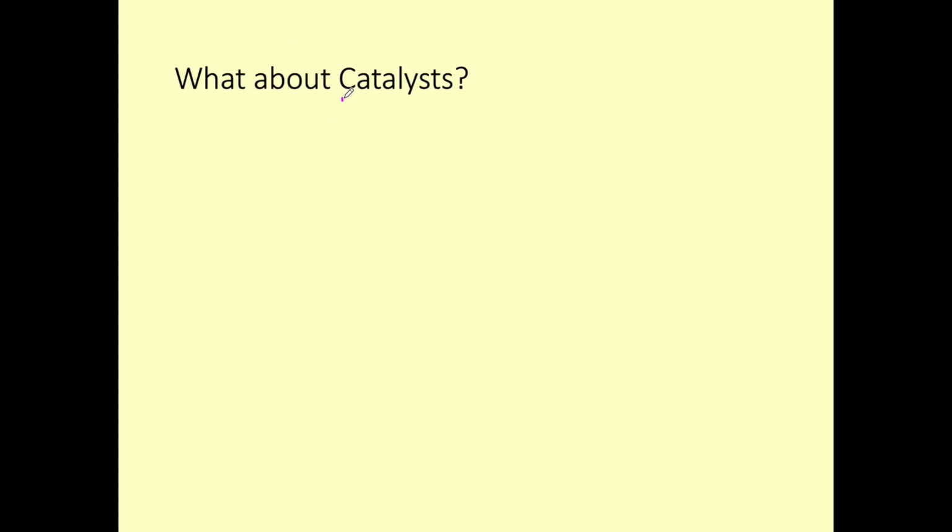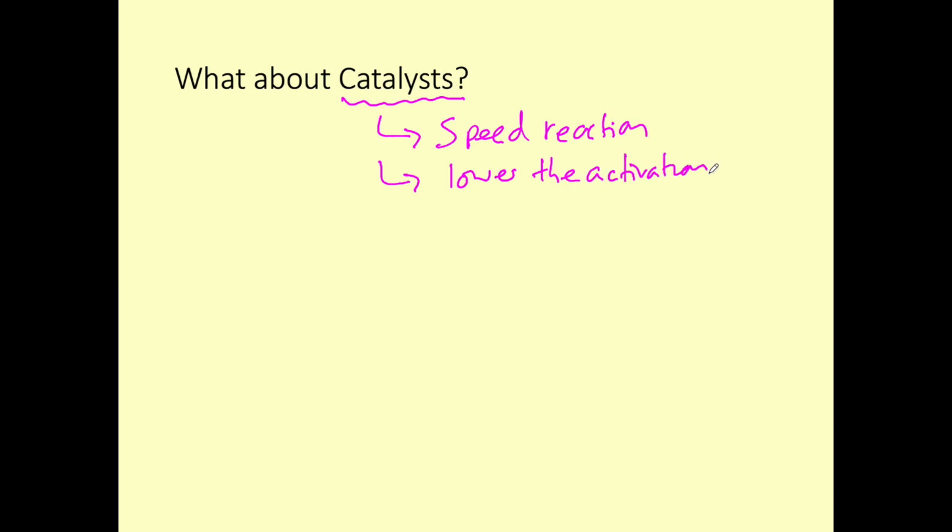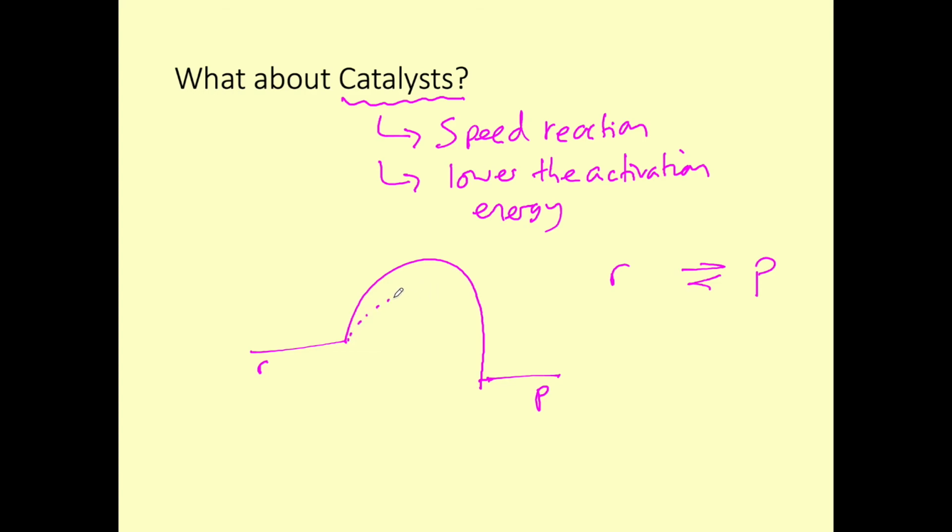Okay, so if we think back a couple of lessons to what catalysts do, they speed up reactions, and the way in which they do this is they lower the activation energy. But when we introduced equilibria, we considered the reaction profile. So if this is our reactants and this is our products, for our reaction between reactants and products, if we use a catalyst, we lower the activation energy.